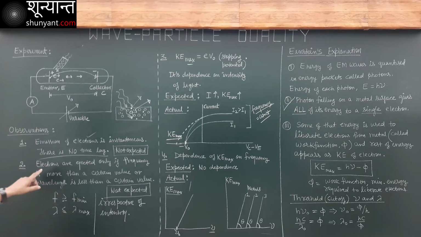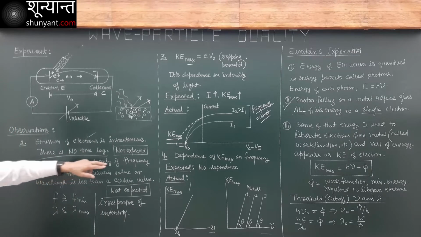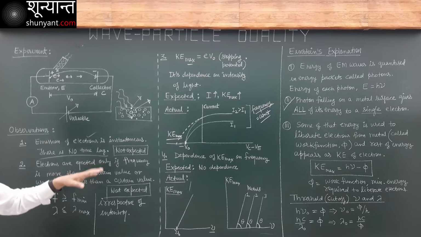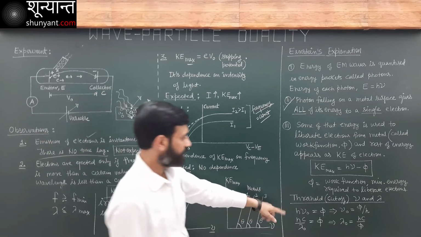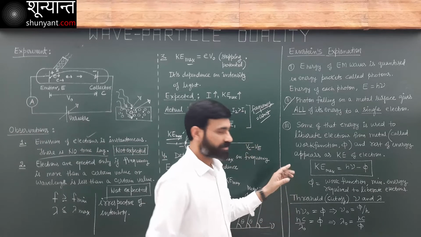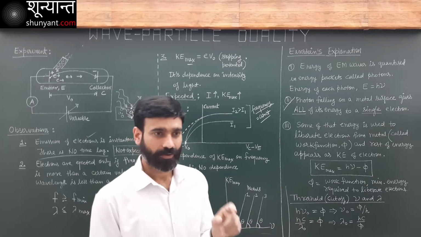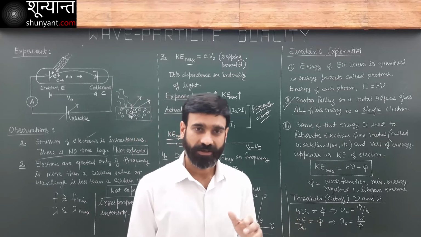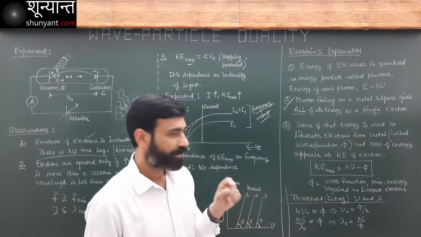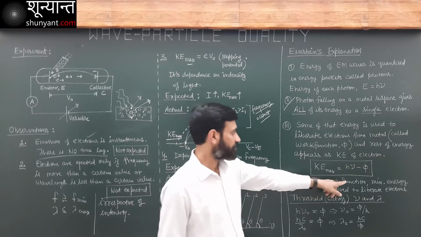So this point is explained. Now, electrons are ejected only if the frequency is more than a certain value. This we can explain from here. It is known as the threshold frequency. To liberate an electron, what minimum energy is required? The minimum energy required to liberate it is known as the work function.